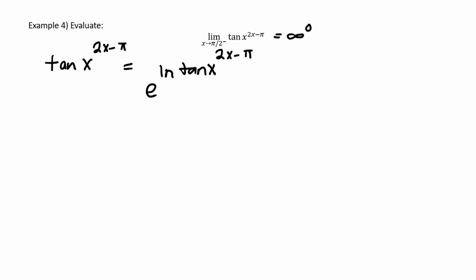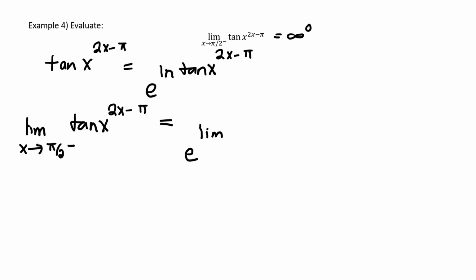What we're going to do is say that the limit as x approaches pi over 2 from the left of the original form, tangent x to the 2x minus pi, gives us the exact same limit as e raised to the power of the limit as x approaches pi over 2 from the left of the natural log of the tangent of x to the power of 2x minus pi.